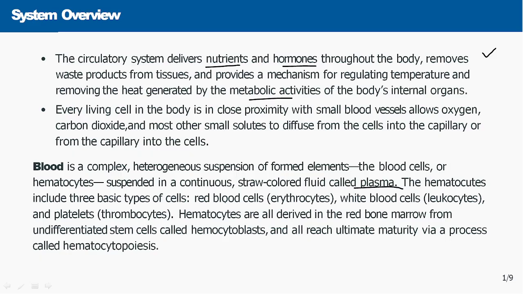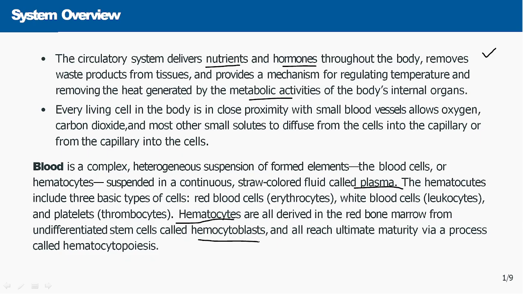These are the hematocytes. Hematocytes are all derived from the red bone marrow, from undifferentiated stem cells called hematoblasts. So, these hematoblasts are hematopoietic.